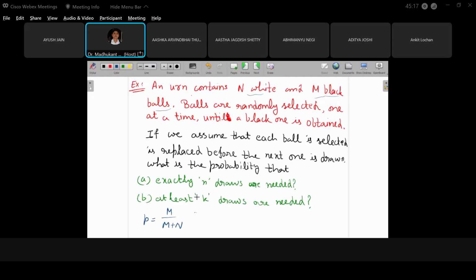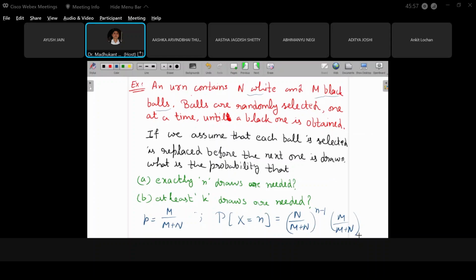Now what you are interested in is the probability that exactly n draws are needed. X equals n means n minus 1 times you are failing, and the nth time you draw the black ball. So it's very simple. The failing probability is n, the white balls, over m plus n, to the power n minus 1, times m divided by m plus n. So by following the geometric distribution, that's pretty straightforward.